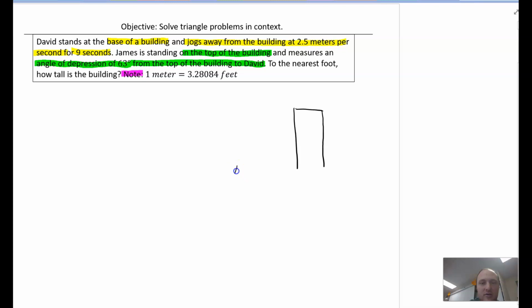Here's David, and he's running away. He's going this way. The angle of depression formed by him is 63 degrees. So this is 63, which also means that the angle of elevation is 63. They want to know how tall the building is. How tall is it? So here's X. Here's the building. I want to find that.